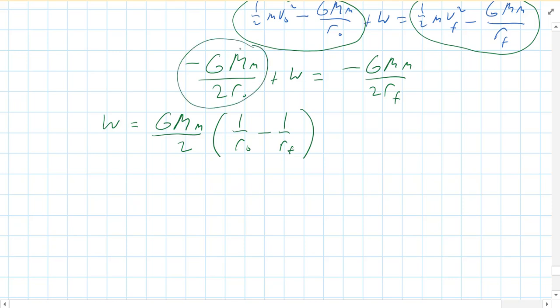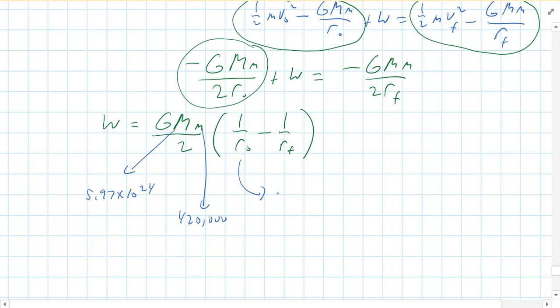If you move this to the right-hand side, it becomes positive, and if you factor the GMm over 2 out, you get what's left below. Now, the values here. Mass of the Earth is approximately 5.97 times 10 to the 24th. Mass of the International Space Station is about 420,000 kilograms.